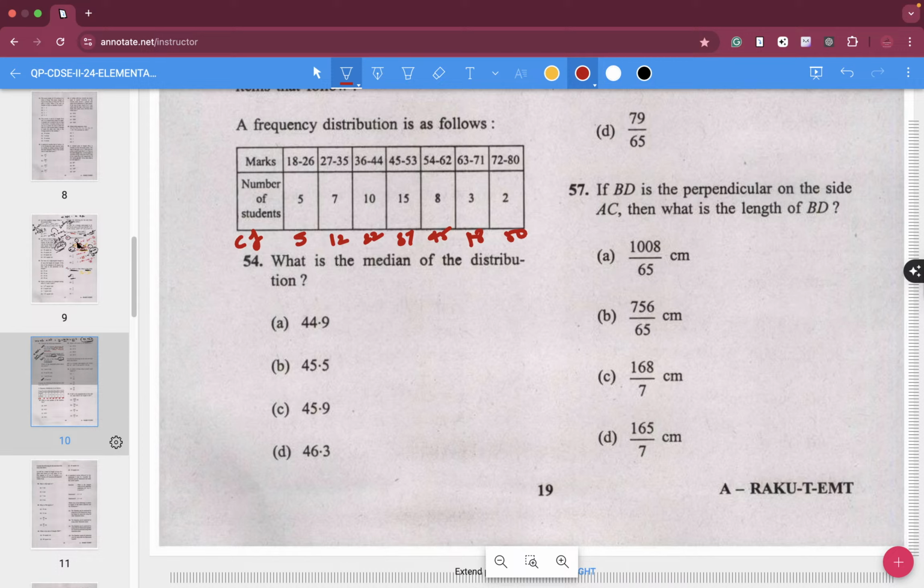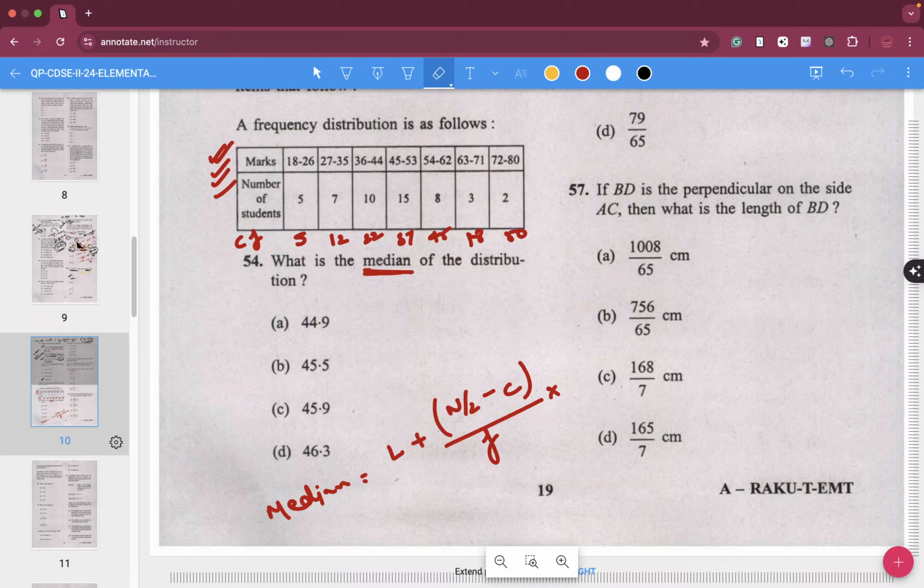Now if they have asked you the median over here, the median formula for grouped data is given as: median is given by the lower limit of the median class plus total number of observations divided by 2 minus C, where C is the cumulative frequency of the class preceding the median class, divided by f, the frequency of the median class, into h, the size of the class interval.